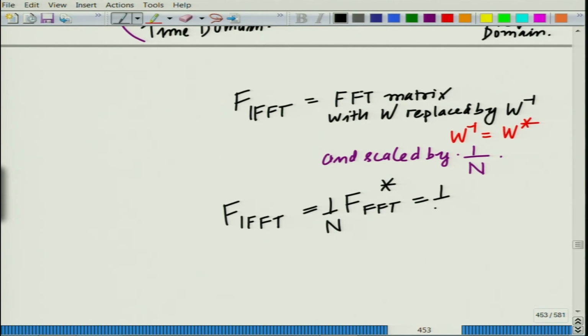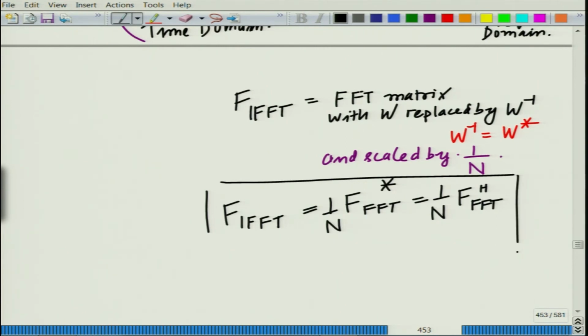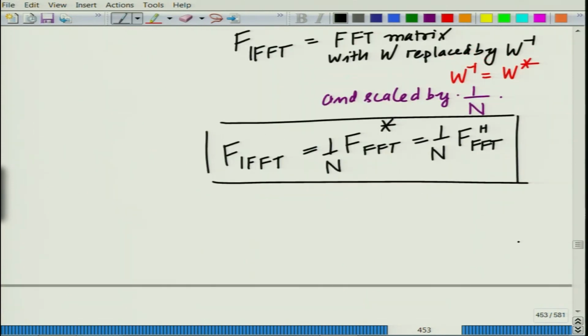Because Hermitian is nothing but conjugate and transpose, you can say this is the Hermitian of FFT.